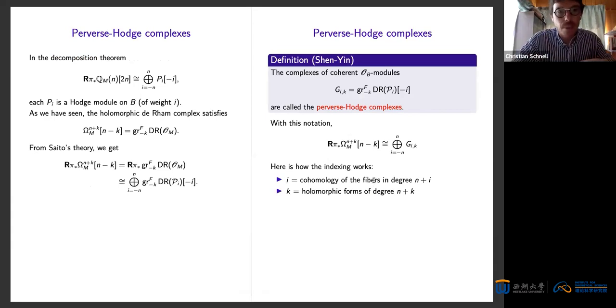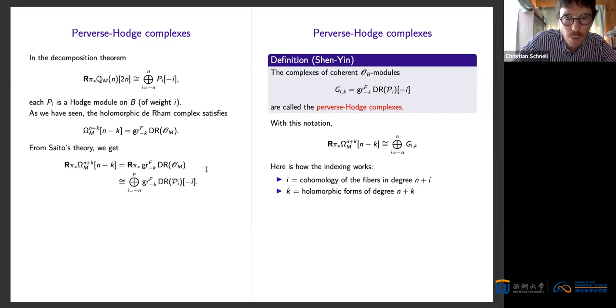Okay, so now, to simplify the notation, here's a useful definition from this paper by Junliang Shen and what's his first name? Chenyang Bin. So these complexes that show up on the right-hand side, the graded pieces of the de Rham complex, they took them and called them perverse to Hodge complexes, because you start from a perverse sheaf, take graded pieces, you get some Hodge theoretic objects, and we'll just denote them by G_{i,k}.